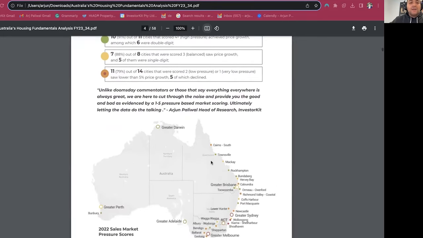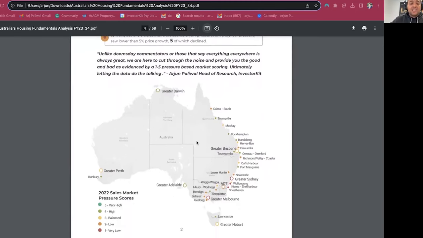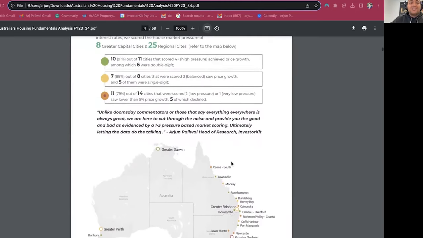So you'll see here that in our predictions last year, here's a map where we visualized the scoring for the nation. We said that there would be some areas, even amongst the craziness of interest rates coming up and everything happening, that would grow pretty well. And we ranked them as 4 or 5 scored on our 5-point rating system. And in fact, of the 11 cities that we scored with 4 or more, 91%, 10 of them grew in value.